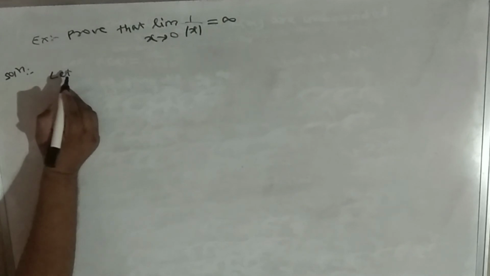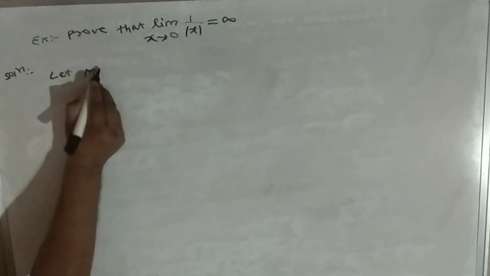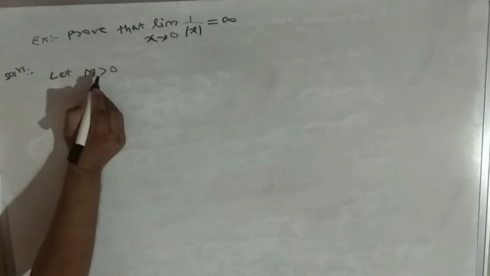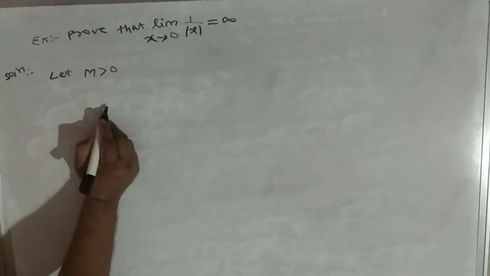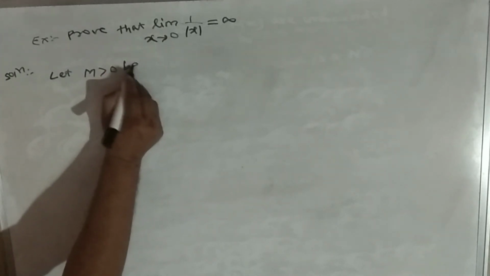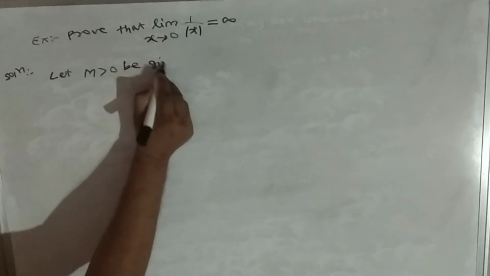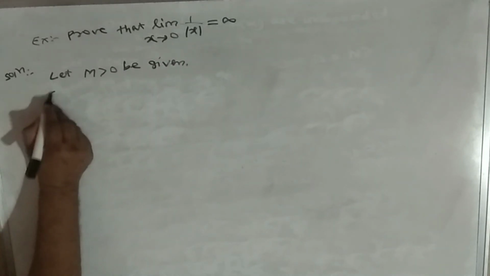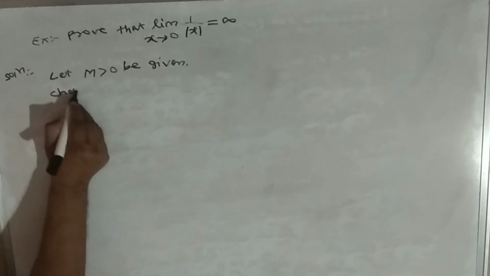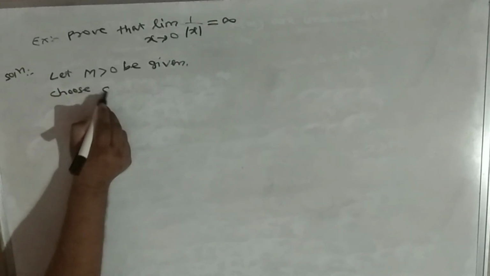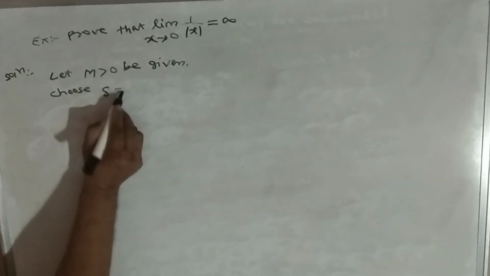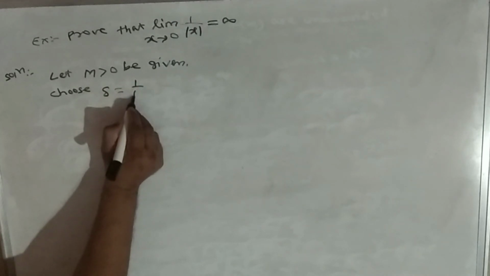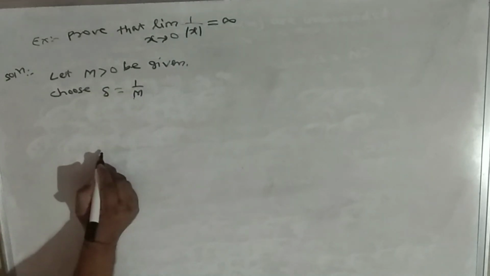Let m greater than 0 be given, and choose delta equal to 1 upon m.